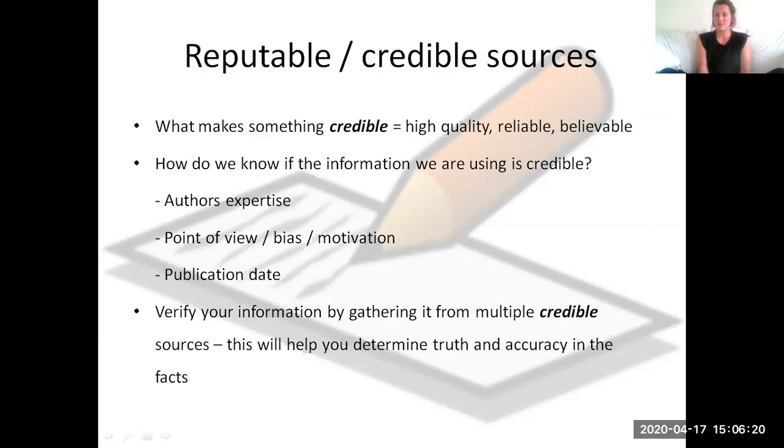Sometimes untrustworthy or maybe not as accurate websites providing less accurate information can look quite professional, but it's important that we're finding that information and then verifying it by backing that up with further information.